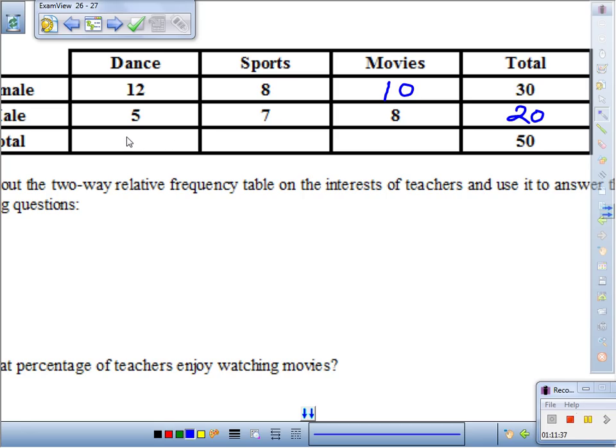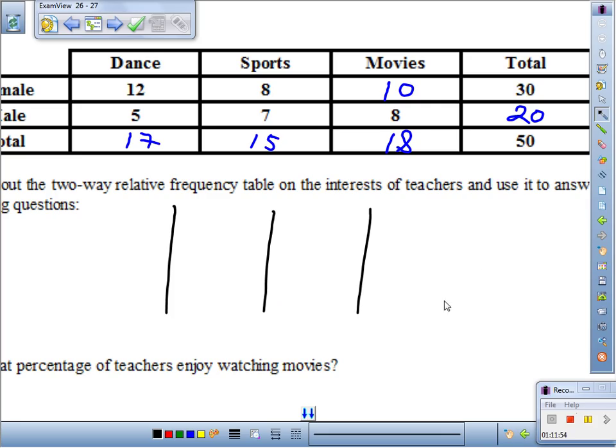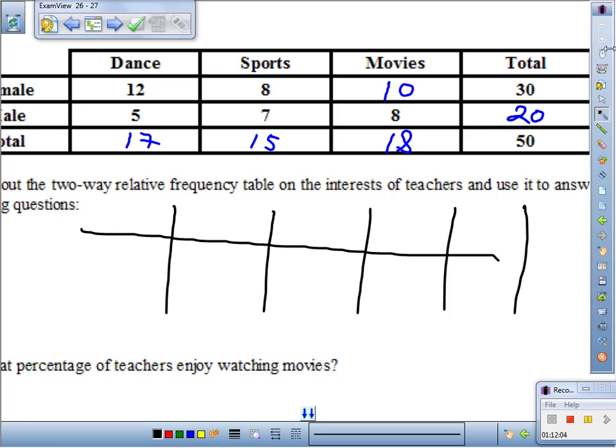What goes here in this total? 17. How about here? And here? 18. Now we need to find a relative frequency table. So how many lines down? 1, 2, 3, 4, 5. And we got 1, 2, 3, 4.